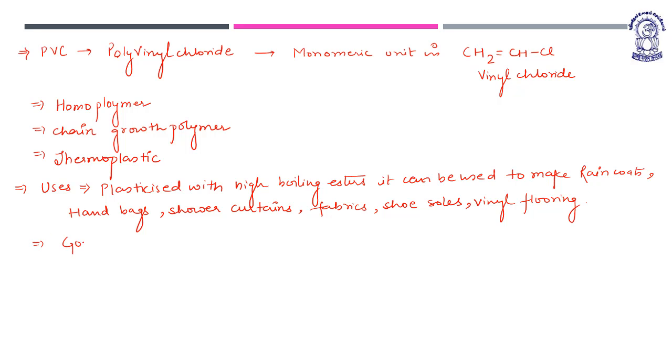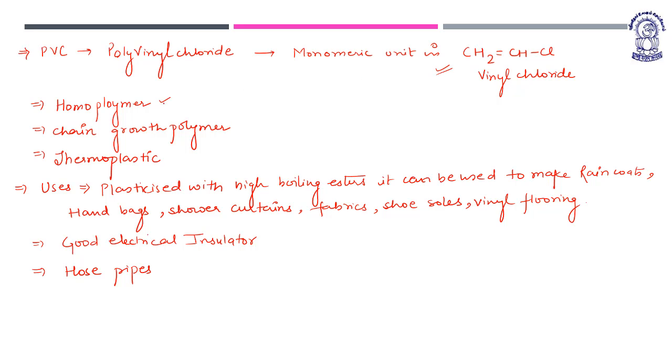It also acts as a good electrical insulator and is also used to make hose pipes. So these are the uses of polyvinyl chloride, which is the polymer of vinyl chloride.